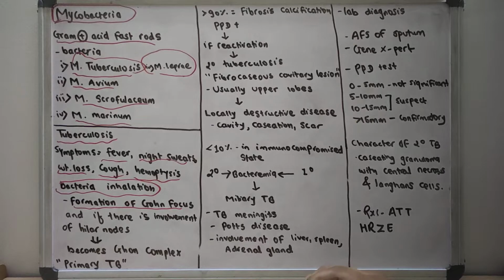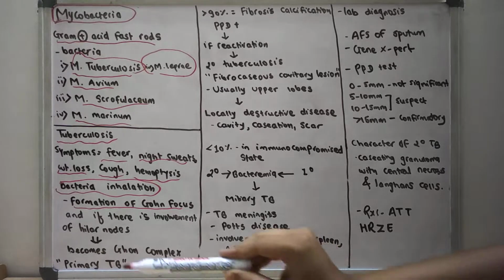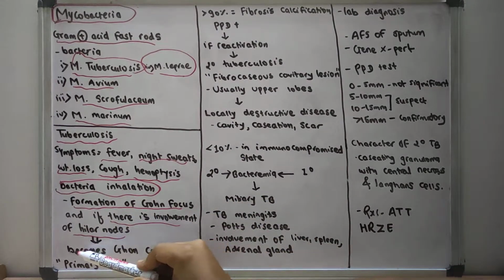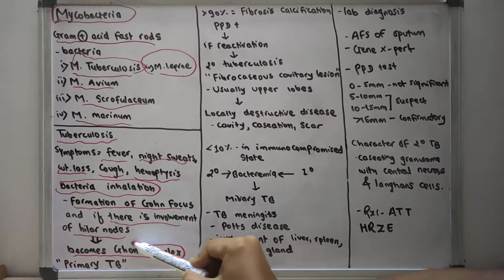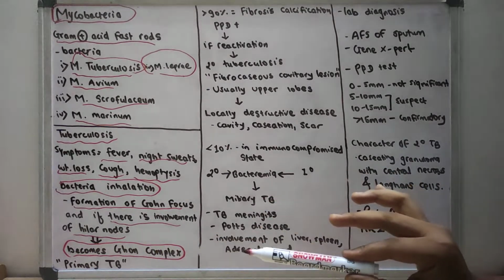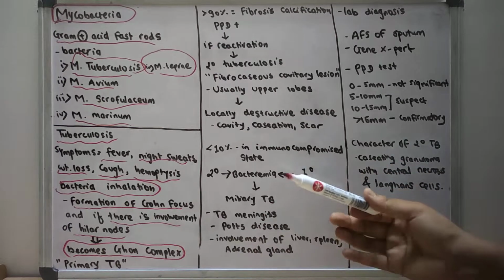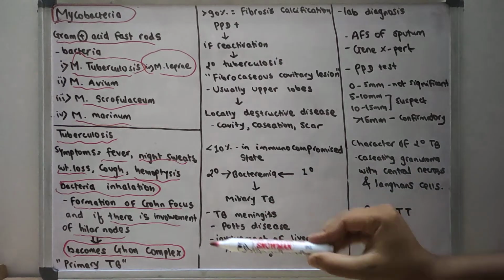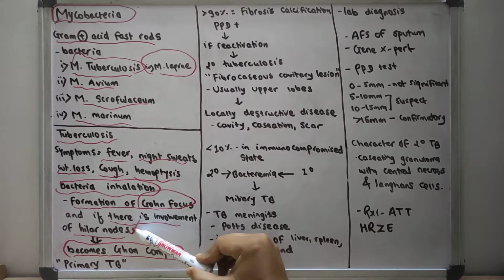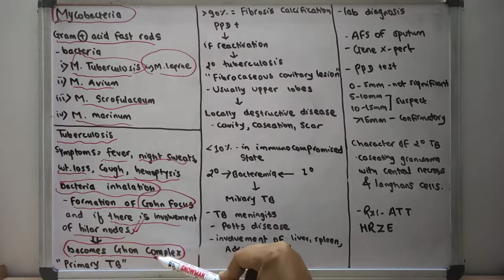And after the formation of the Ghon focus and involvement of the hilar node, we call it a Ghon complex. You have to know here, the Ghon focus is only the focal lesion that occurs in the lobes of the lungs, but when there is a Ghon focus along with the involvement of the hilar node, then it is known as the Ghon complex.